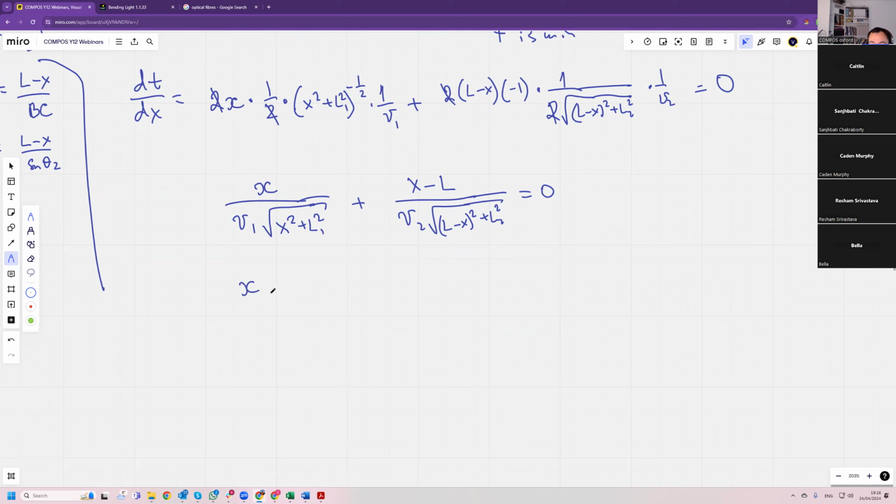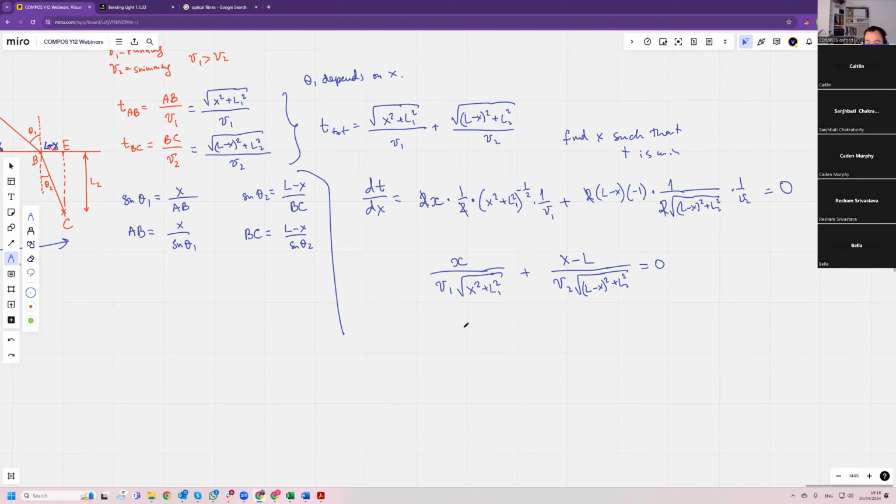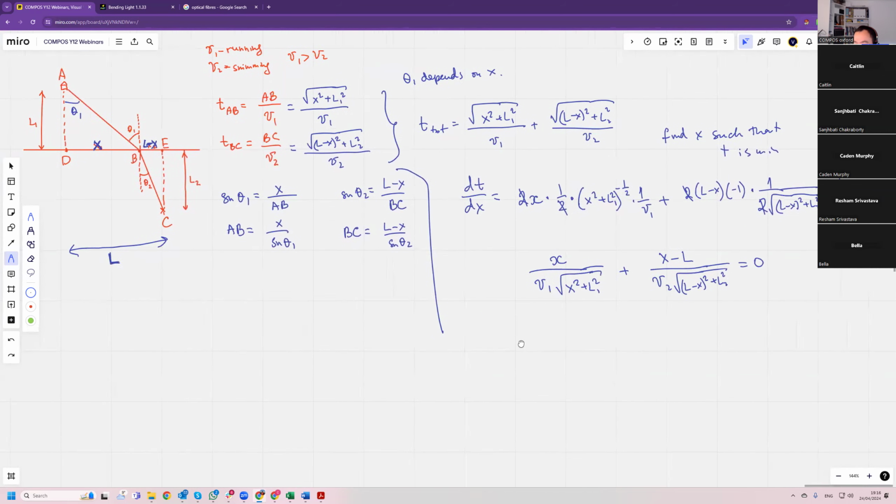So x multiplied by v2 square root of (L minus x) squared plus L2 squared. Oh, I see. Yes, now we do a trick.